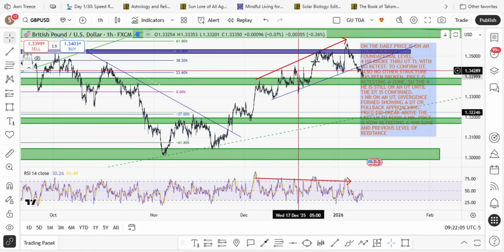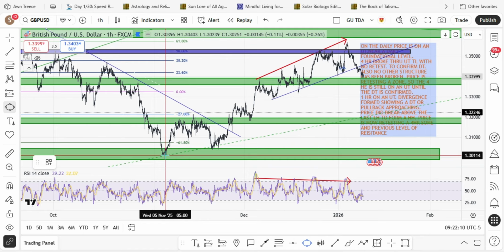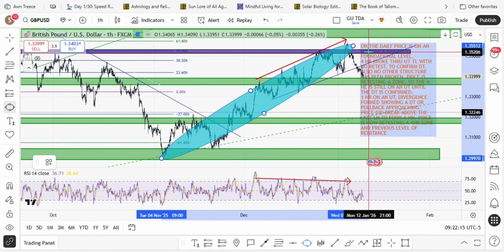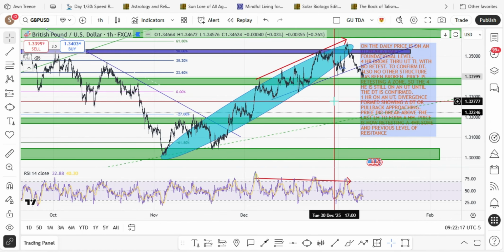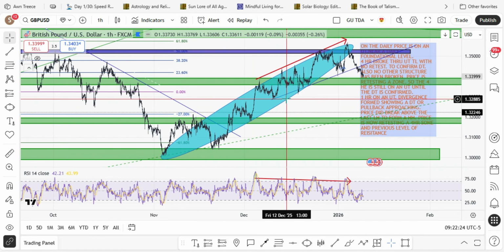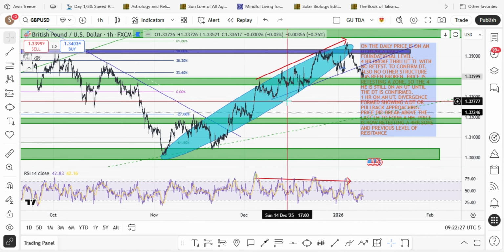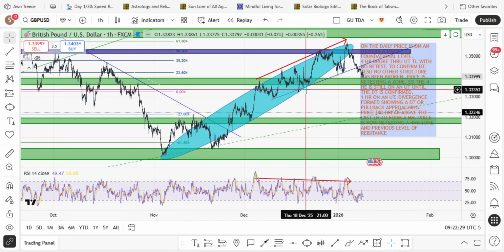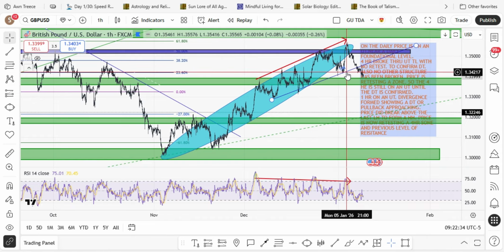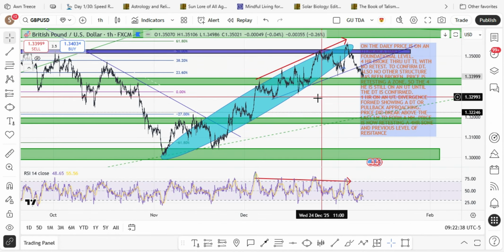It's a pretty aggressive impulse here. Doesn't have many pullbacks right here, pullback to previous level of resistance. Right here, it didn't quite pull all the way back. Right here, so another pullback.